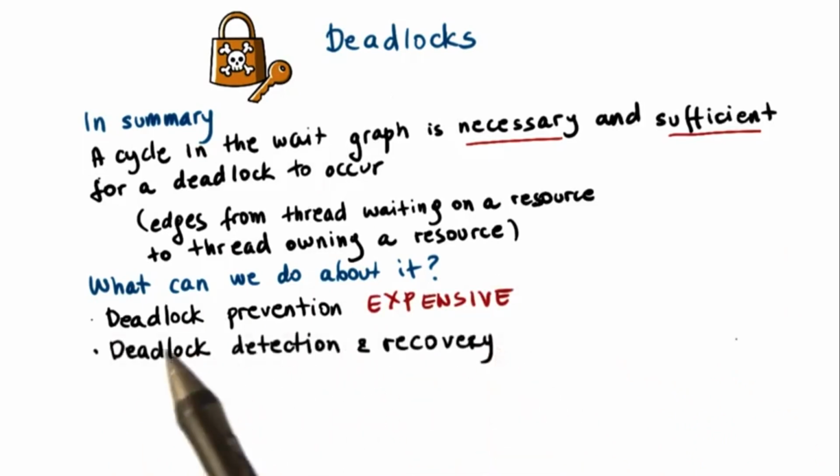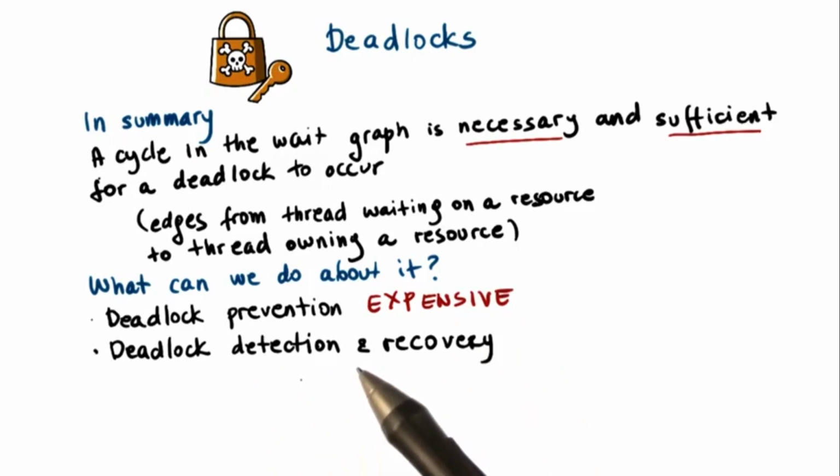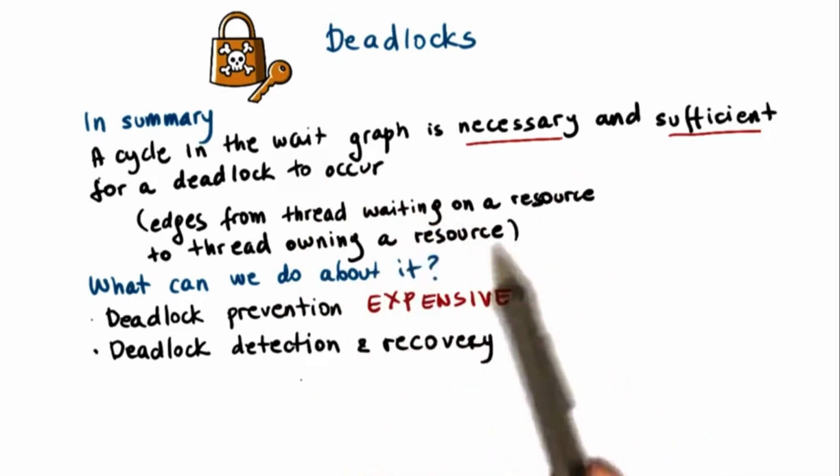The alternative to completely preventing deadlocks is to detect deadlocks, and if you detect that they have occurred, to have mechanisms to recover from them. We do these kinds of things based on analysis of the graph to determine whether at any given point in time any cycles have occurred.